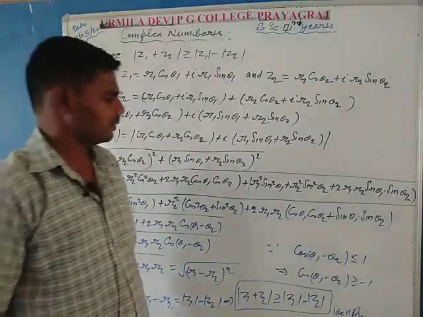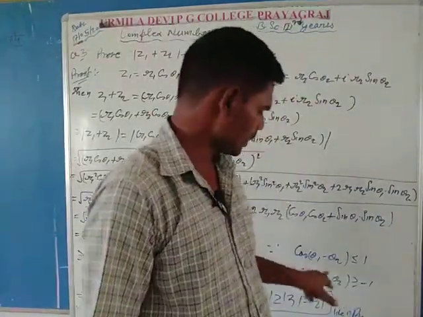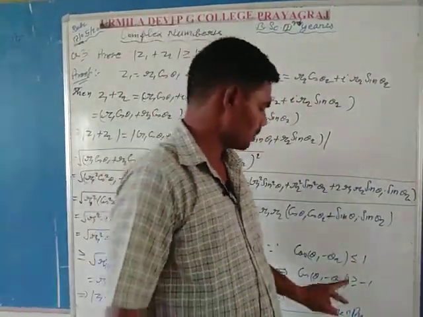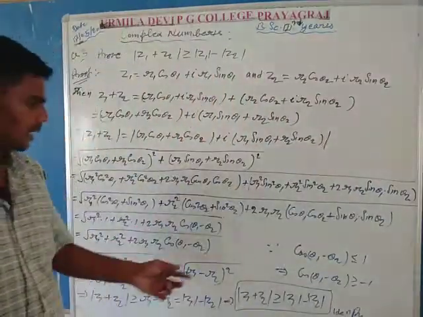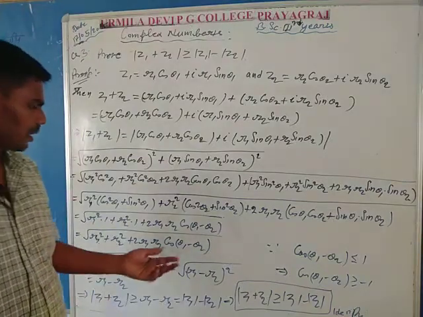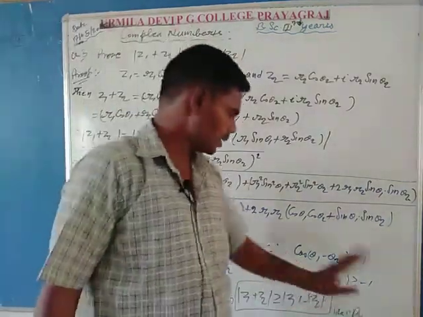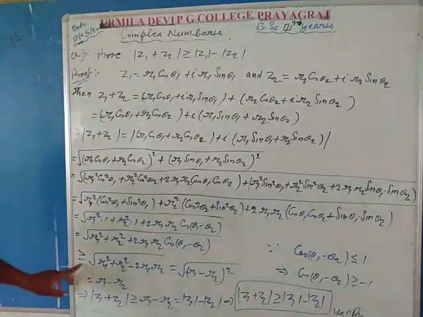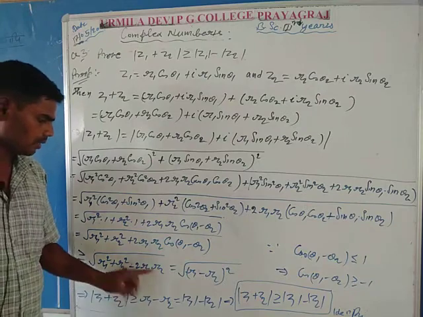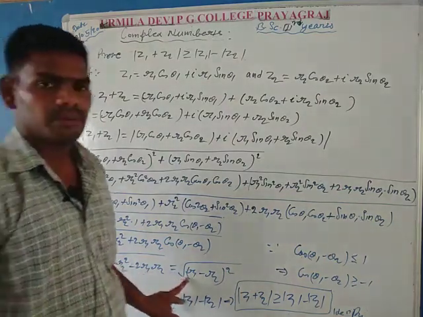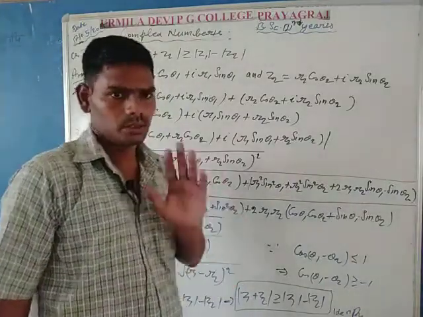But you know that the cosine of any value is always less than or equal to 1. From this inequality, cos(θ1 − θ2) is always greater than or equal to −1. So from this equation and this inequality, replacing cos(θ1 − θ2) by −1, we get greater than or equal to r1² + r2² − 2 r1 r2, which is (r1 − r2) squared, and the square and square root cancel each other.